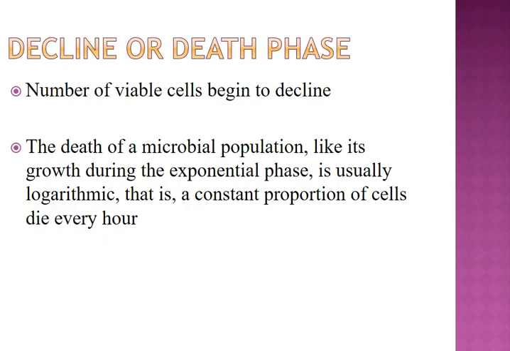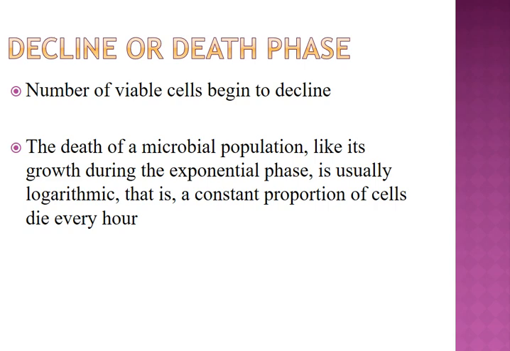The last phase of the bacterial growth curve is decline or death phase. Here the number of viable cells begins to decline, or you can say the number of dying cells is more than the number of growing cells. During this phase, the death of the microbial population, like its growth during exponential phase, is usually logarithmic. That is, a constant proportion of cells die every hour.